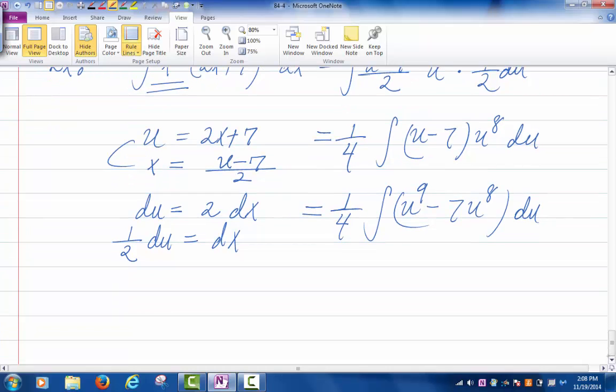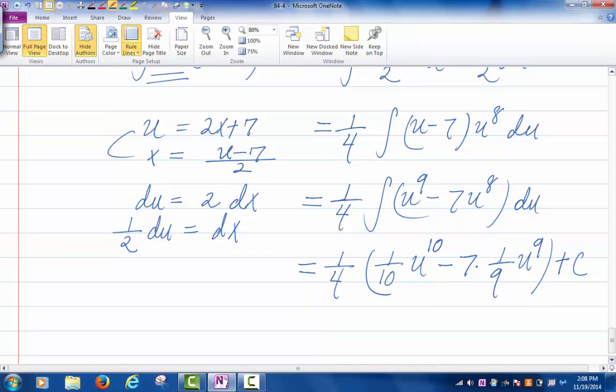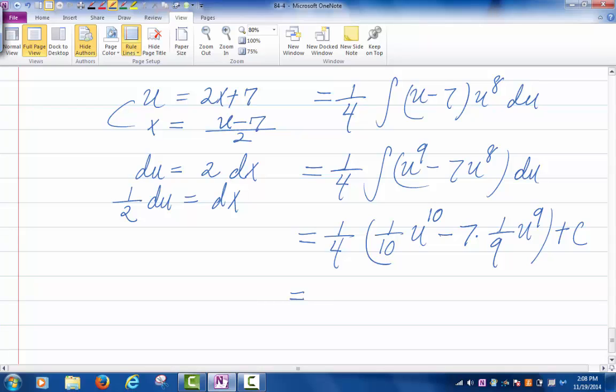Now we just apply the power rule, so this will be 1/4 times 1/10 u to the 10 minus 7 times 1/9 u to the 9 plus a c. And so what do we have? We have 1/40 u to the 10 minus 7 over what? 36 u to the 9 plus a c.